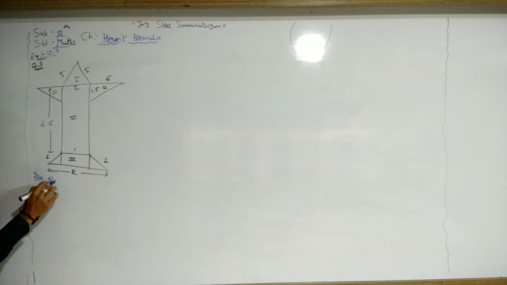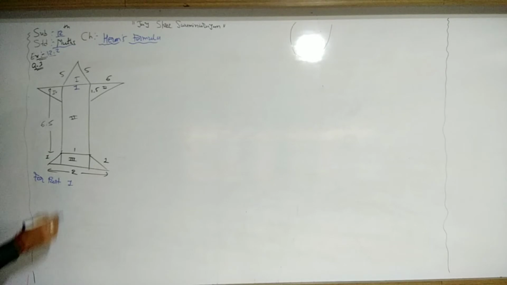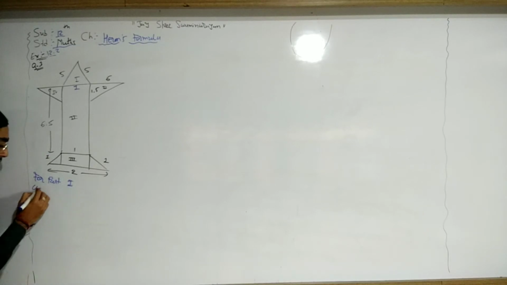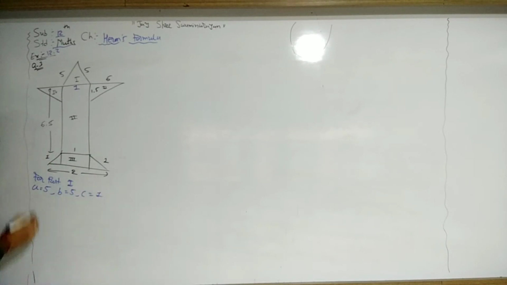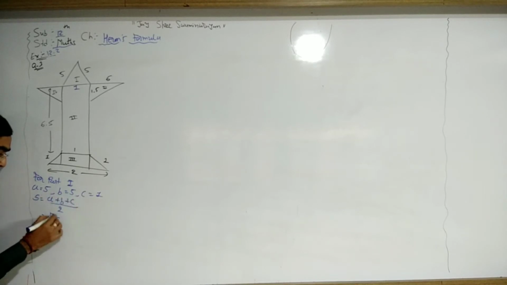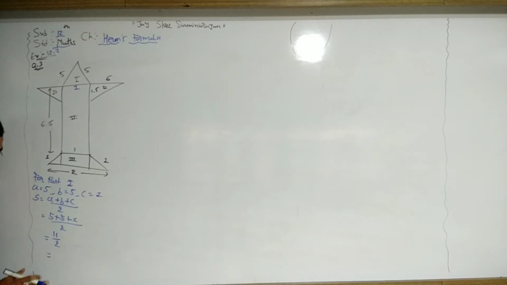For part 1, A is 5, B is 5 and C is 1. The semi-perimeter S is (A plus B plus C) divided by 2, so (5 plus 5 plus 1) divided by 2. 5 plus 5 is 10, plus 1 is 11, so 11 by 2. Right now take it as it is, 11 by 2 centimeter.